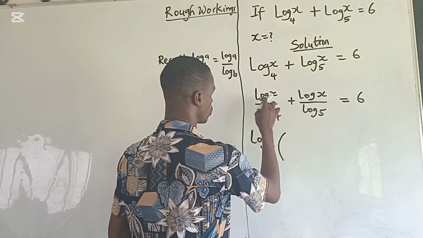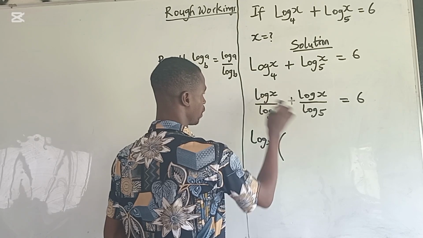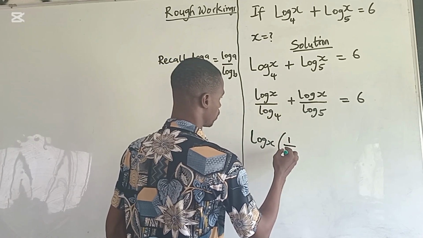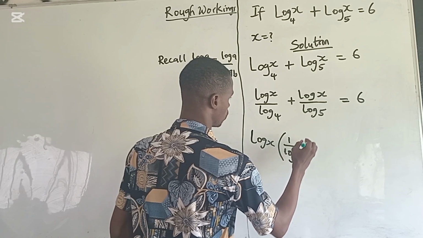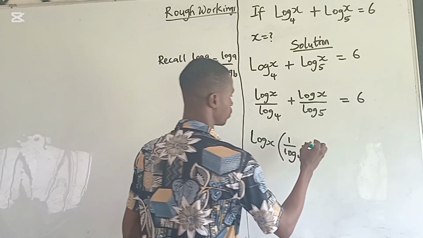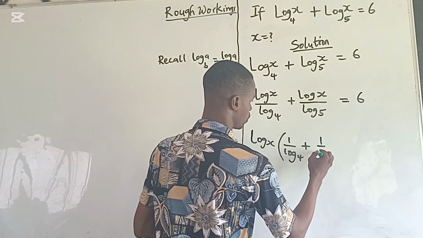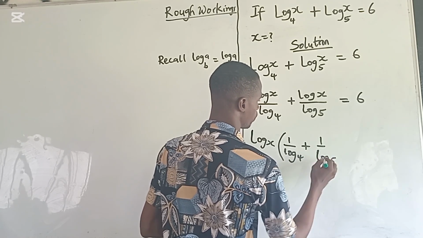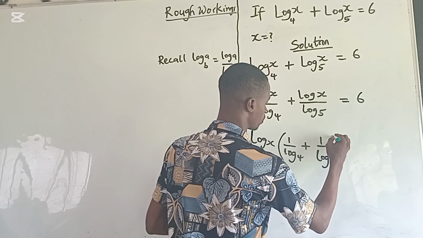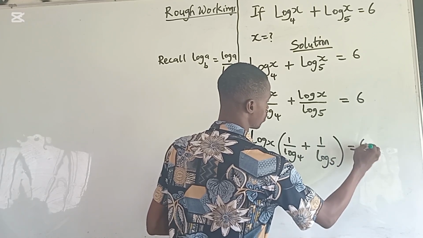Since we have factorized log x outside, we now have 1 over log 4, plus 1 over log 5, and close brackets, which is equal to 6.